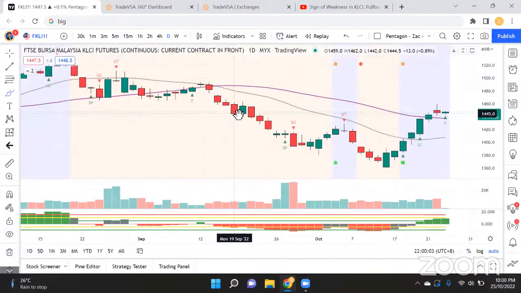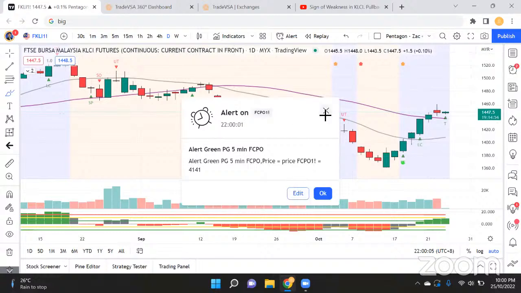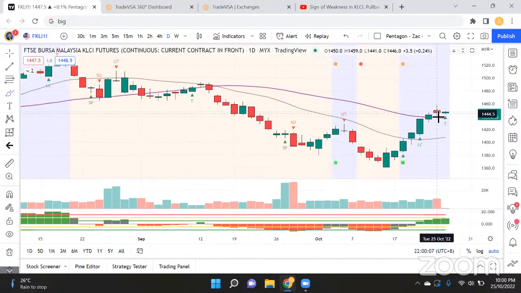But maybe a few days of pullback is expected, because today's candle closing is slightly weak.